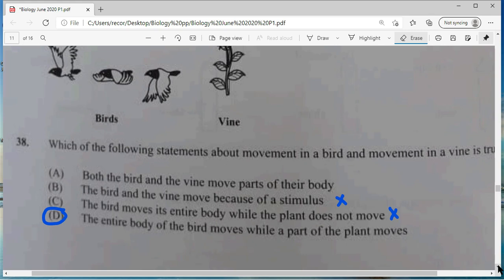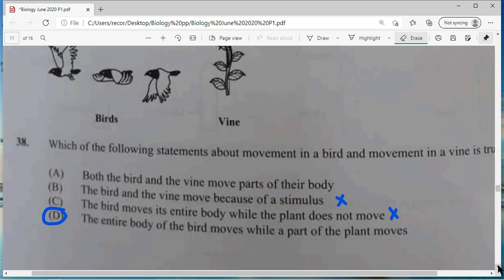The plant moves, of course, the plant grows, and of course, D is going to be the ideal answer, the most suitable answer here for 38. The entire body of the bird, of course, moves while a part of the plant moves. So, of course, like I said, a nice comparison there of pretty much locomotion versus movement.